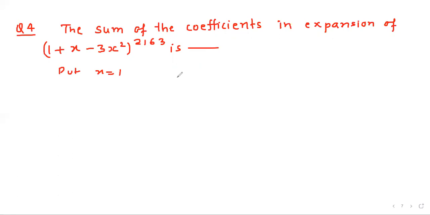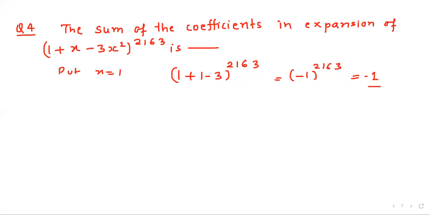Then what do we get? (1 plus 1 minus 3) whole power 2163, which is (minus 1) power 2163, which is minus 1. So the sum of the coefficients in an expression like this is minus 1, and this can be obtained by putting x equal to 1.